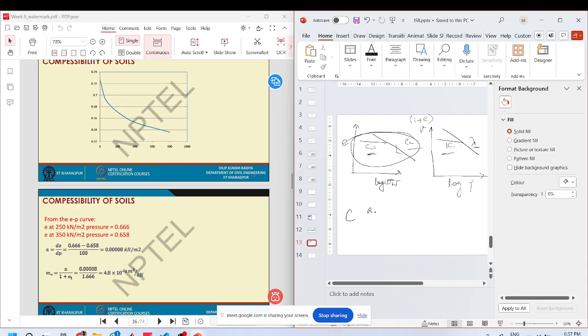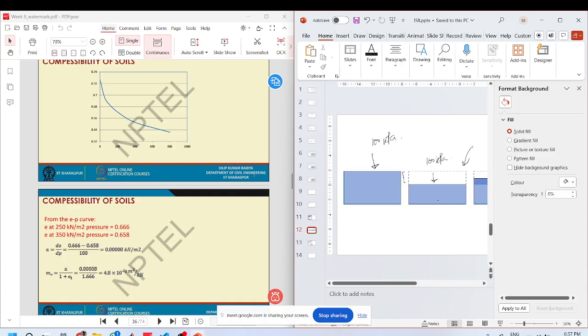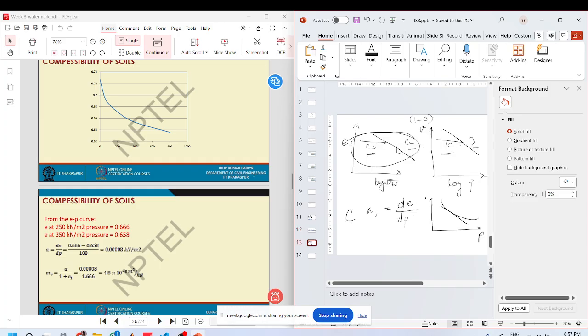AV is taken as dE by dP, which is the instantaneous slope of this line if there is no log here. Then you convert it into mv, which is av over 1 plus e.